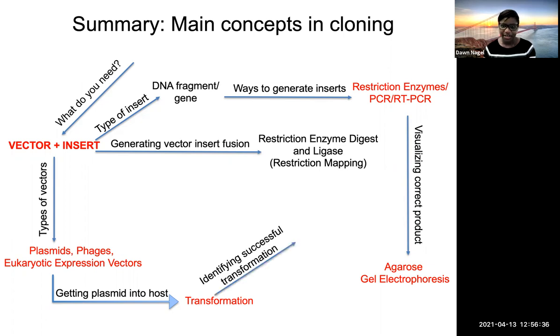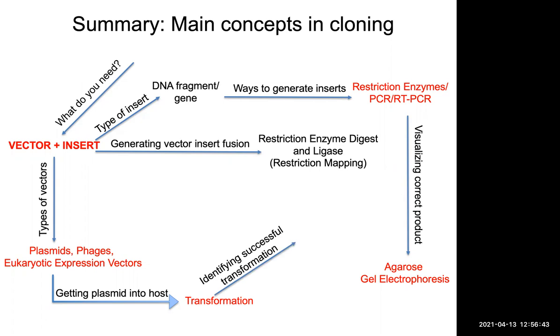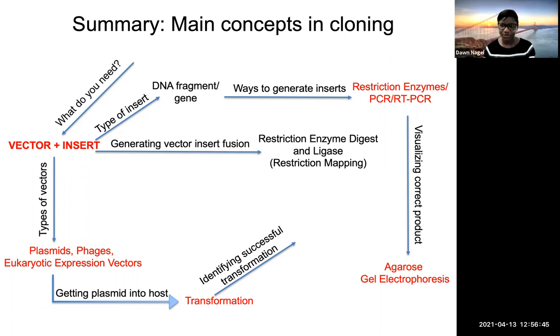Once you have that, how do you identify that you have a successful transformation? A marker gene. Yes, exactly. But what's the difference between your selectable marker and your screening marker?